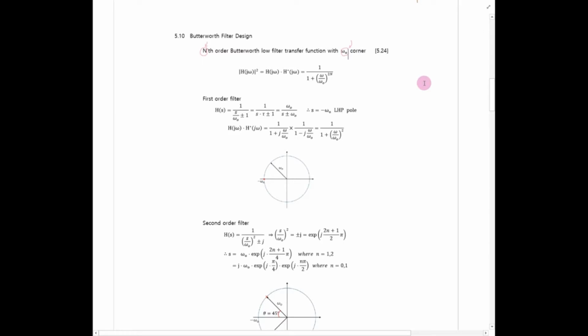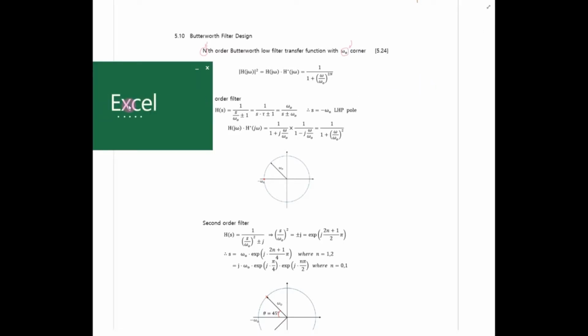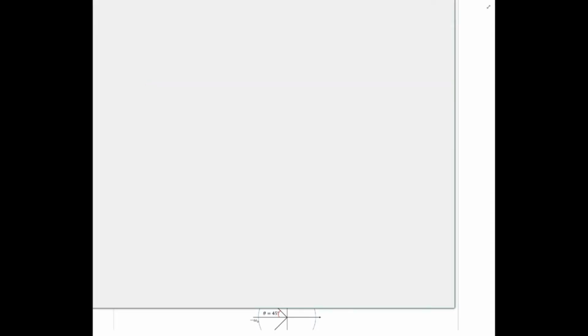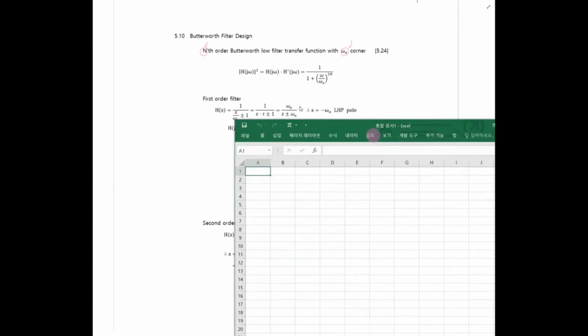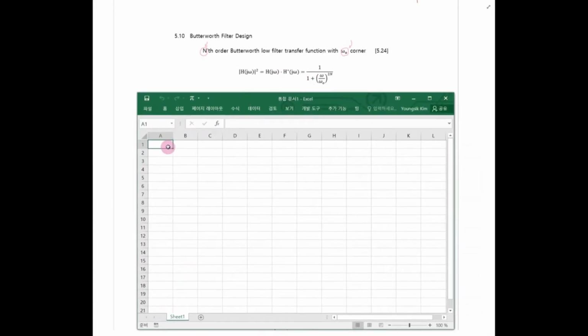Okay, let's plot that one with Excel. I would like to plot the nth order filter response of this one. At this moment, n is given as, for example, 3, and omega 0 I would like to normalize as 1, and omega is changing from here.